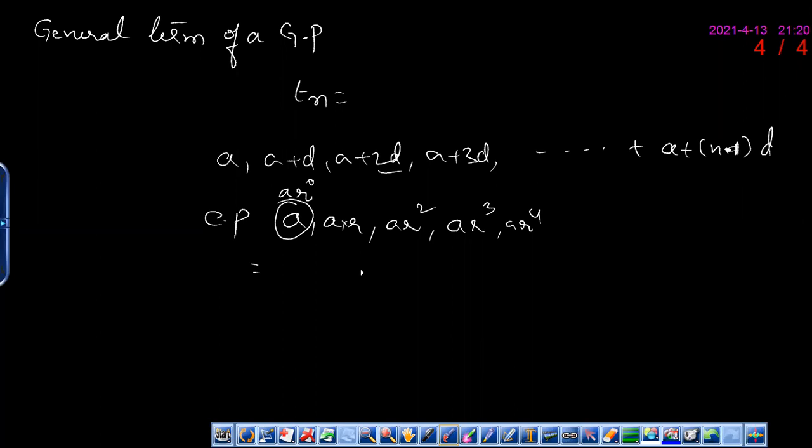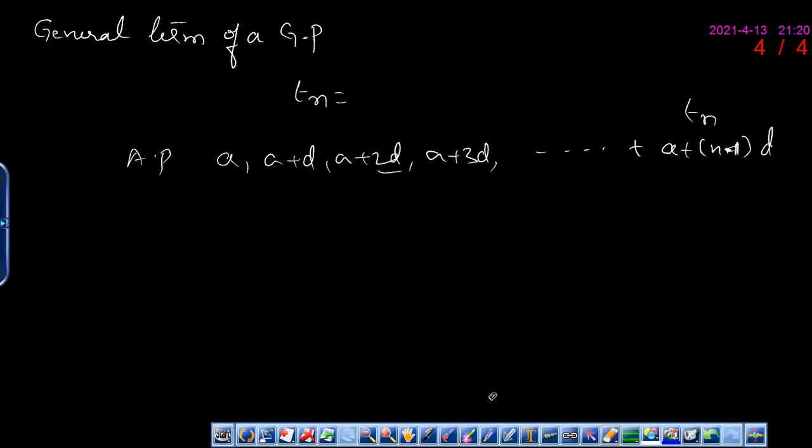Let us find the general term of a GP. Before that, let us see how we wrote the nth term for AP: A plus D, A plus 2D, A plus 3D, so on, A plus n minus 1 into D. This is the nth term of an AP. For GP, we will prove it.